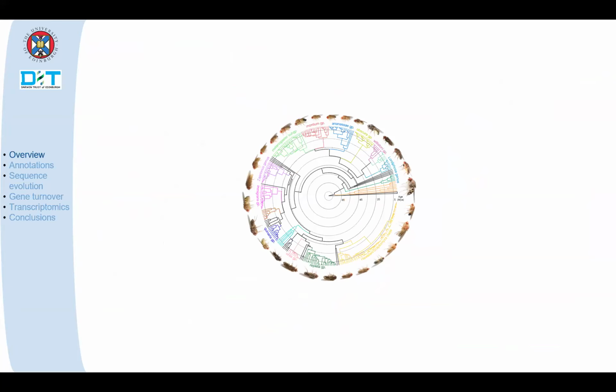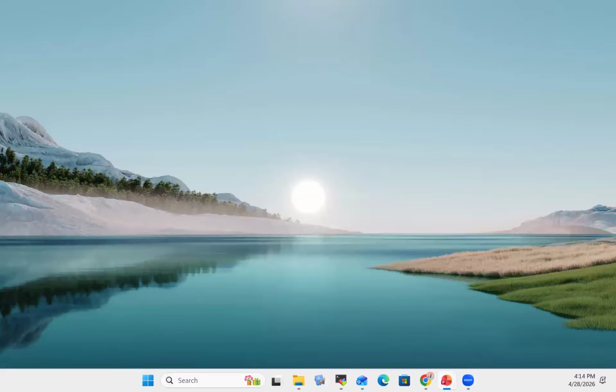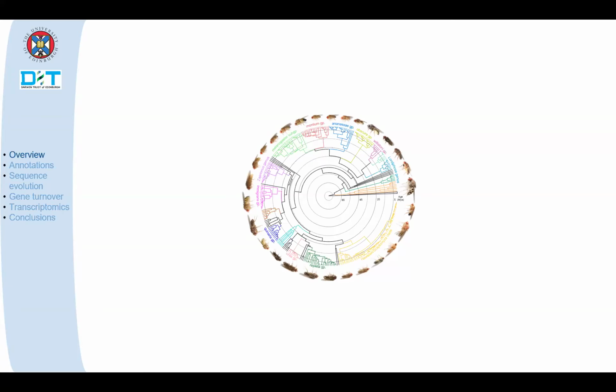We have species that are not just phylogenetically diverse, but also ecologically very diverse. They have evolved under radically different selective pressures, like thermal environments from tropical to alpine.